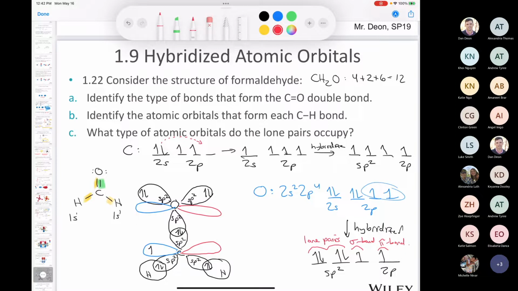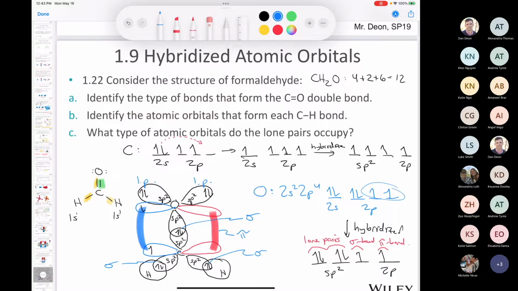And now I've made a sigma bond between the two. I can show the overlap of the lobes of the p orbitals to make the pi bond. So this is my pi bond. This is a sigma bond. This is a sigma bond. And this is a lone pair, and this is a lone pair.